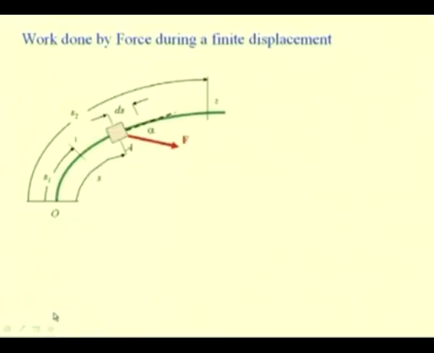So, let us consider an object or a particle that is being acted on by this force F, and the body or the particle moves along this path when this force F is being applied.